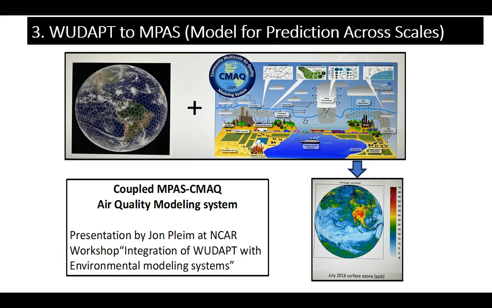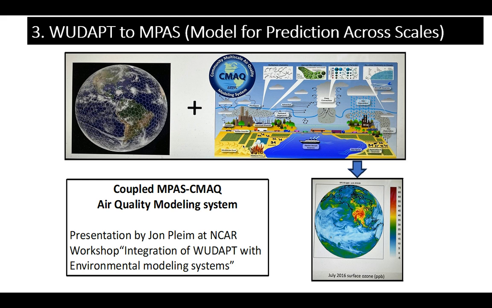I used to work at EPA, and there was an interest in air quality. Can we use MPAS for air quality? So, anyway, tie in the MPAS system with another system called CMAQ, which is the Community Multiscale Air Quality system, and it's been done.